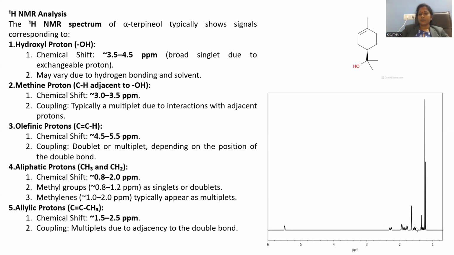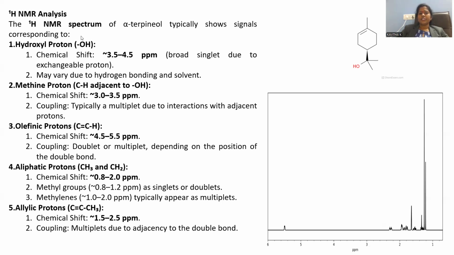How many types of hydrogens are available gives rise to the set of peaks in this spectrum. For the chemical shift values, the hydroxy hydrogen gives rise to a peak at 3.5 to 4.5. It may shift to another region. There is a provision for hydrogen bonding because hydroxy is polar in nature.